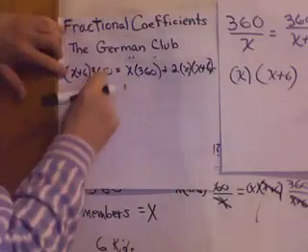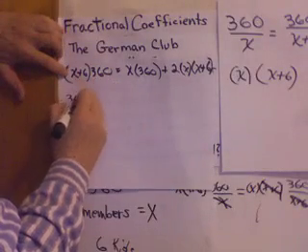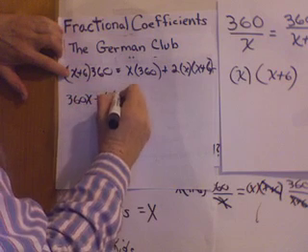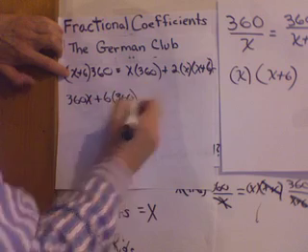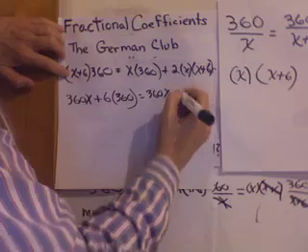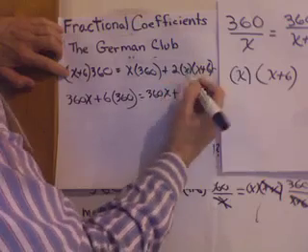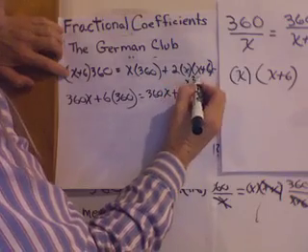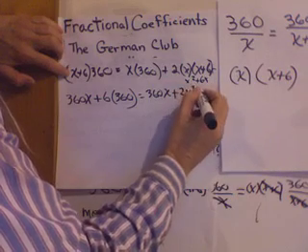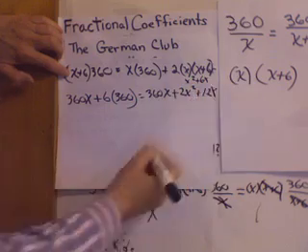All right, so I'm going to do 360x plus 6 times 360. I don't know that one yet. Equals 360 times x plus, oh, I'm going to do this one out, x squared plus 6x times 2. So 2x squared plus 12x.